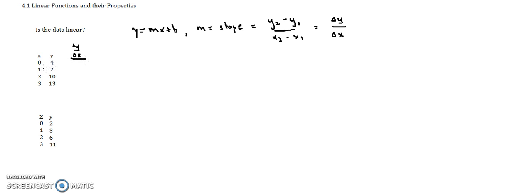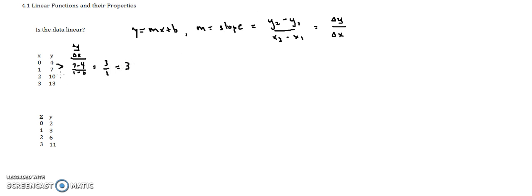Okay, so between these first two set of points, I've got x and y, so you can think of them as x1, y1, x2, y2, or in other words, just do change in y over change in x. But make sure whichever one you start with for y, you start with the same one for x. So we could do 7 minus 4 over 1 minus 0, and that would give us 3 over 1, which is 3.